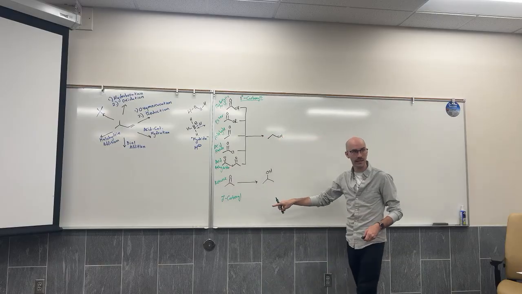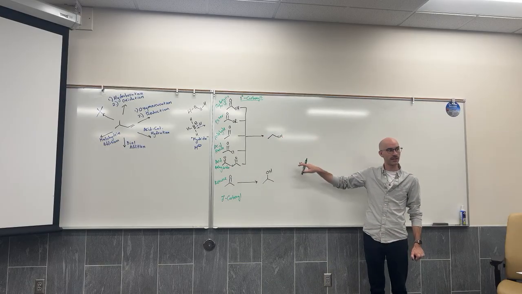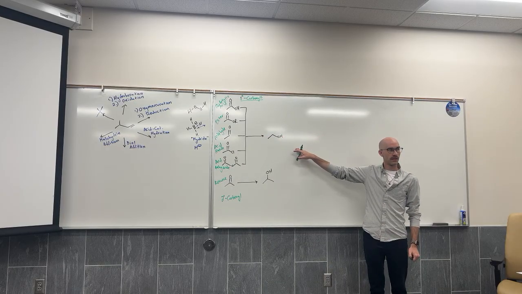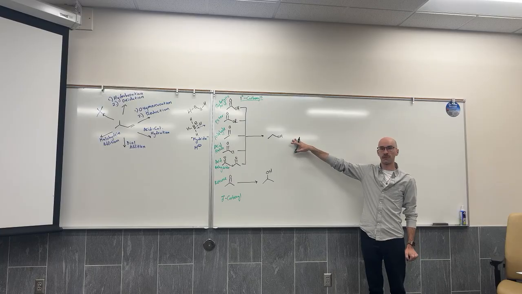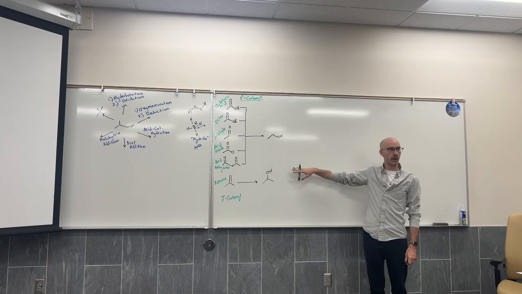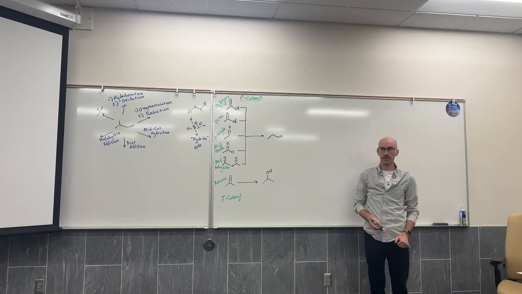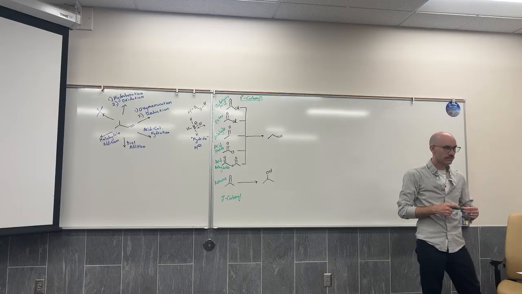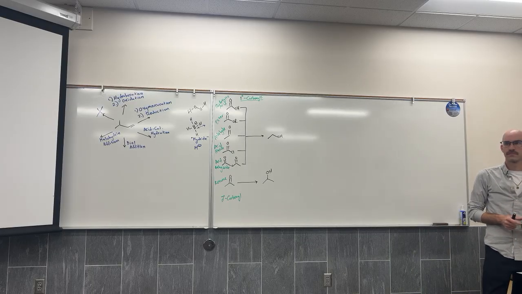Can you apply any of that same vocabulary to the products that we see? What product is formed from the primary carbonyls? What product is formed from the secondary carbonyl? It's the same degree of substitution as the reactant. Can you describe the product more? The top one is primary.